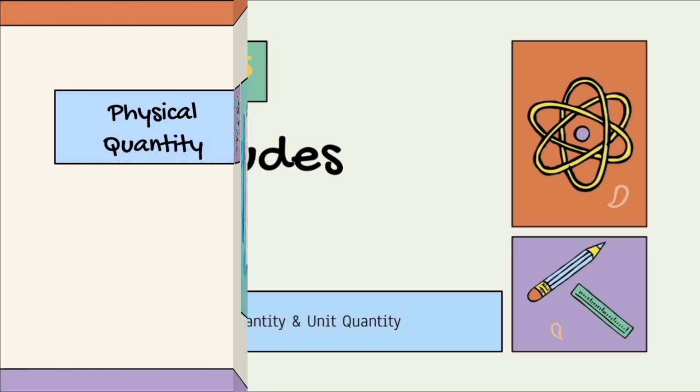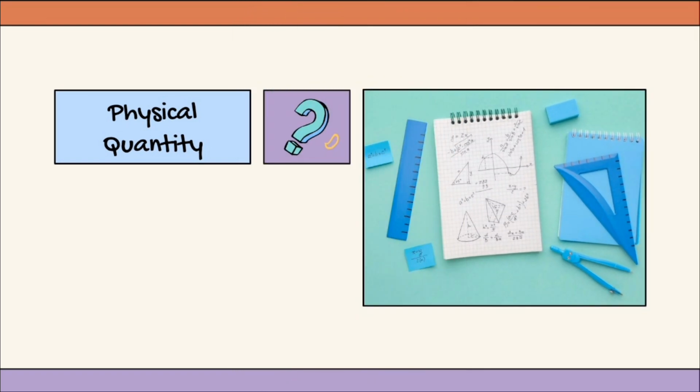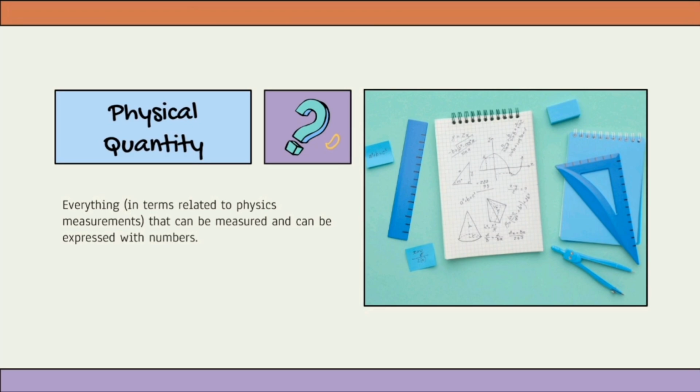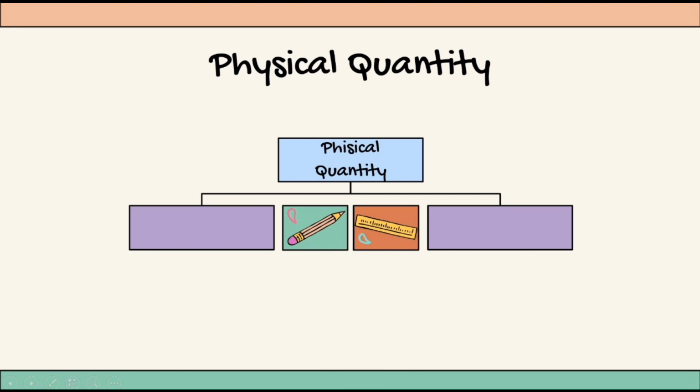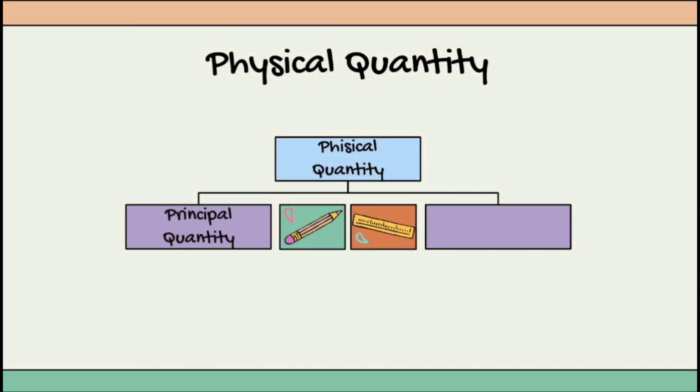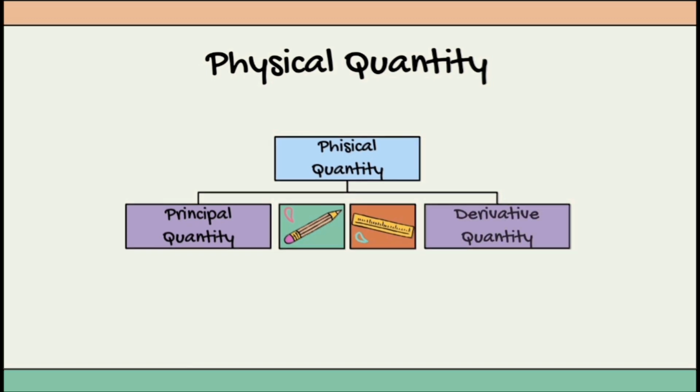The first material we will discuss is physical quantity. Do you know what physical quantities are? The definition of physical quantities is everything related to physics measurement that can be measured and can be expressed with numbers. Physical quantities are divided into two main types, namely the first one is principal quantity and the second one is derivative quantity.